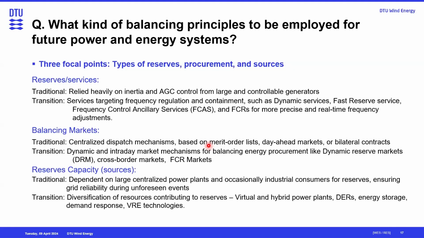Balancing markets, again, were more into the day ahead or bilateral, and I'm talking here more globally, but more and more dynamic reserve markets are coming in cross-border markets, and even if they are markets even today, even in continental Europe, we have dedicated generators providing it, but more and more other kinds of technologies like demand side, EVs and whatnot, hydrogen, they would play a role in coming years.